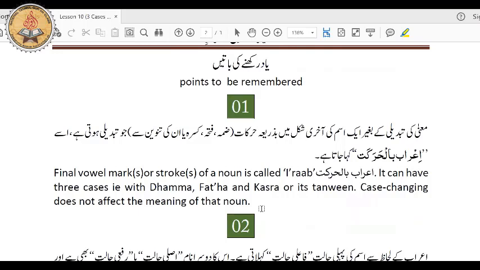Even when I use terminology or some grammatical terms, don't be afraid, and don't let it put you off. If you can remember or memorize by writing or repeating, it is good.